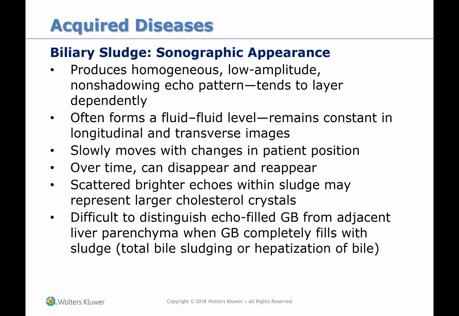What it looks like sonographically is it's going to produce homogeneous, low amplitude, non-shadowing echo patterns. So it's just going to look like a white, more hyperechoic area in the bottom of the gallbladder. So it forms a fluid level that remains constant in long and transverse images and slowly moves with the patient's position.